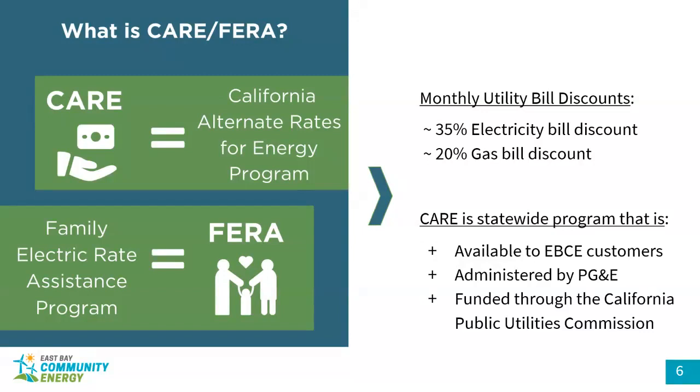CARE is a statewide program that is available to you as an EBCE customer. It's administered by PG&E, and it's funded through the California Public Utilities Commission. As your local electricity supplier, we at EBCE want to make sure our customers and community can take advantage of all relevant energy programs, whether that's administered by us or by another entity.